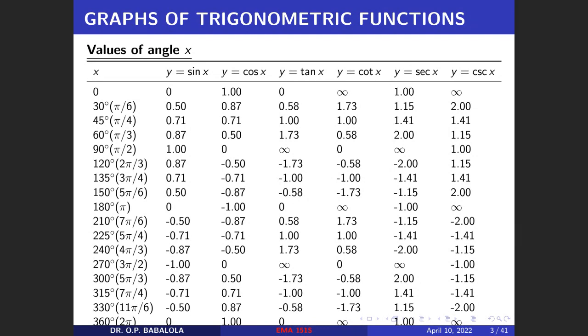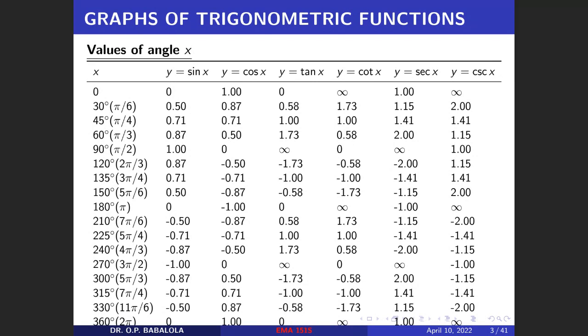And if you now have those angles given as 30 and 45, you can easily insert the value of such angles from this table, okay? Let's say sine 30 plus 45, then you'll have sine 0.5 plus 0.71, and that will give you the value of what you're looking for.